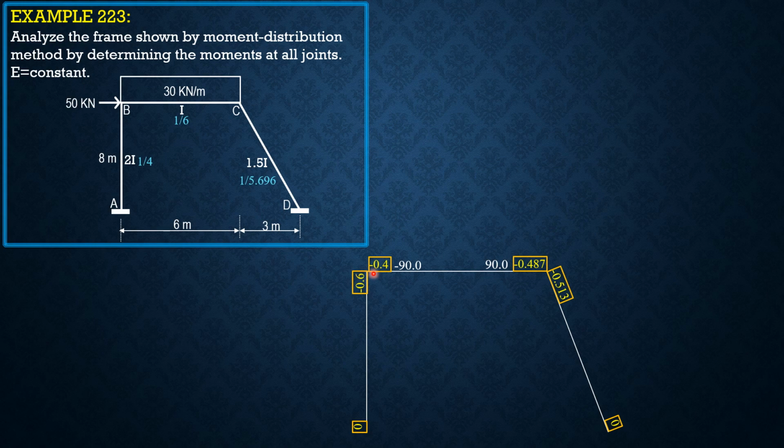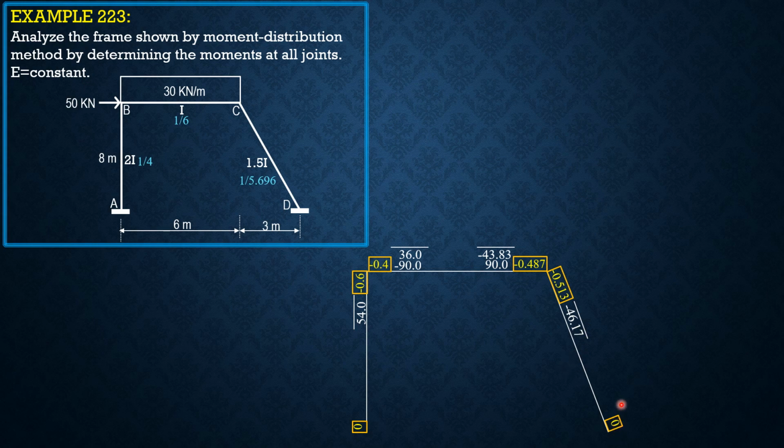Negative 90 times negative 0.4 is positive 36 kN·m. Negative 90 times negative 0.6 is 54 kN·m. 90 times negative 0.487 is negative 43.83 kN·m. 90 times negative 0.513 is negative 46.17 kN·m.